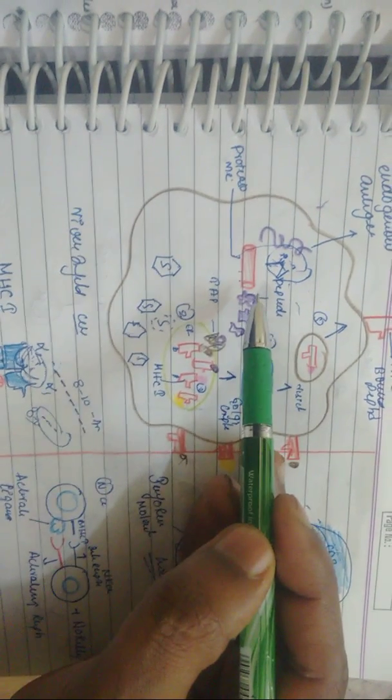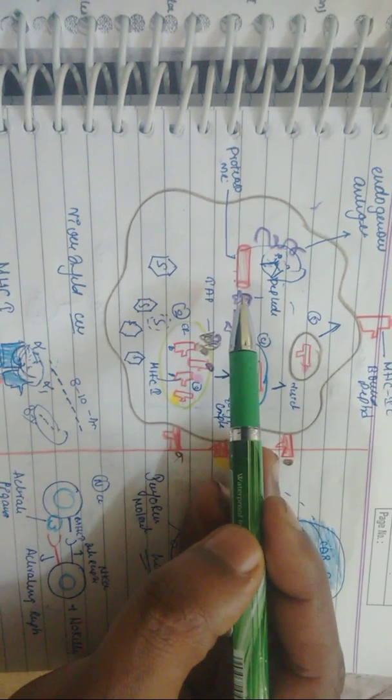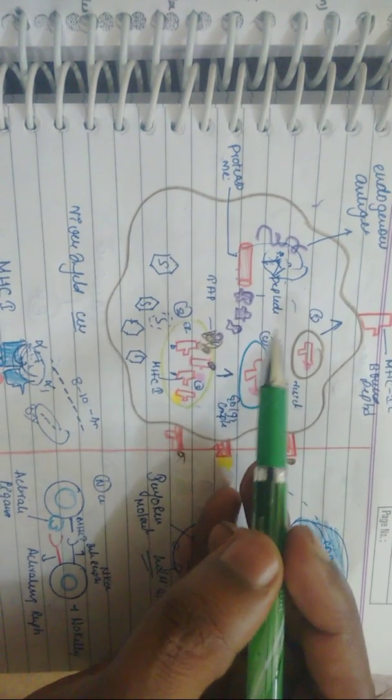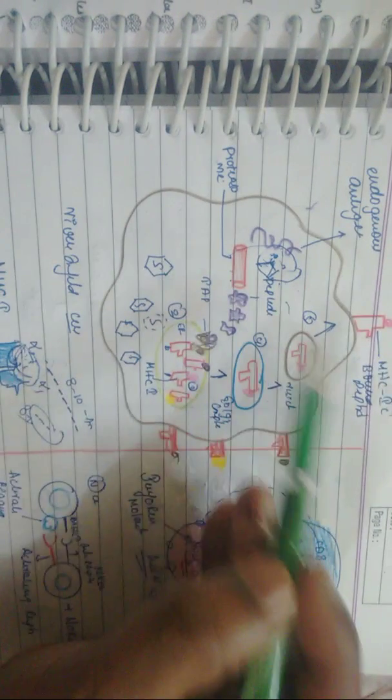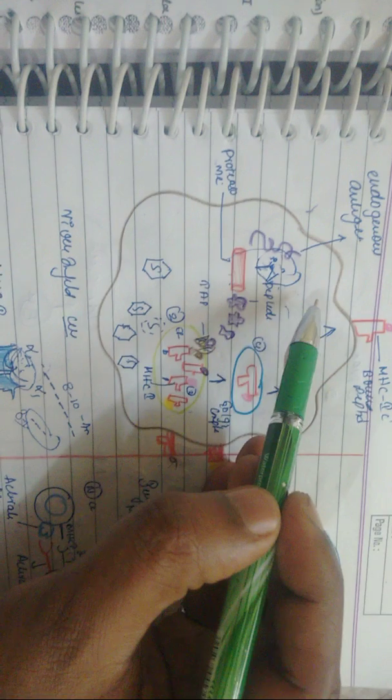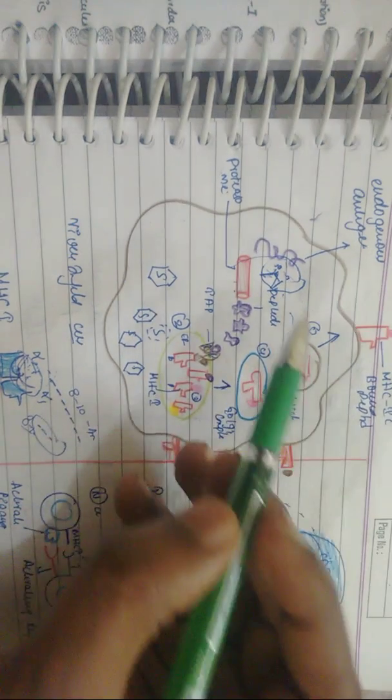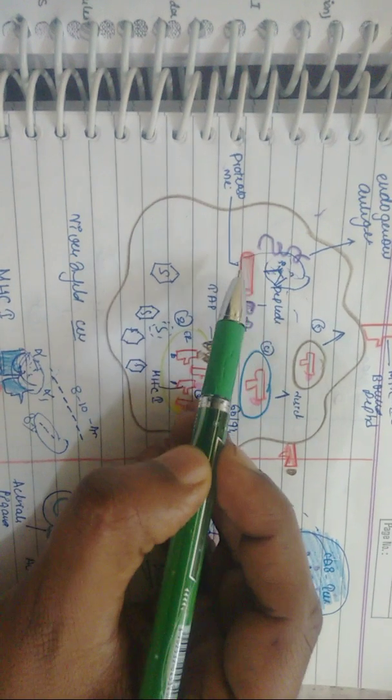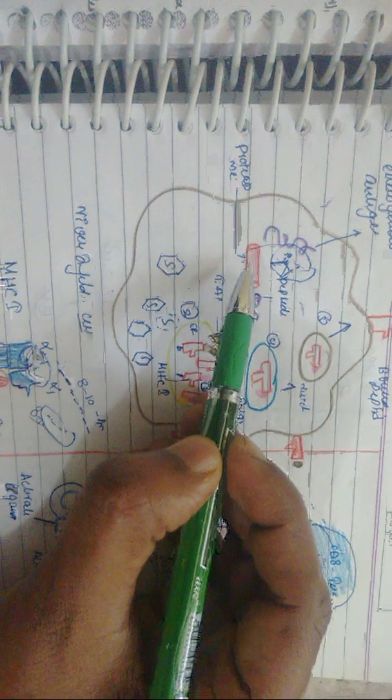As you all know, we started speaking about how this endogenous antigen present in the cell is kicked out. This is the step you have to understand here.